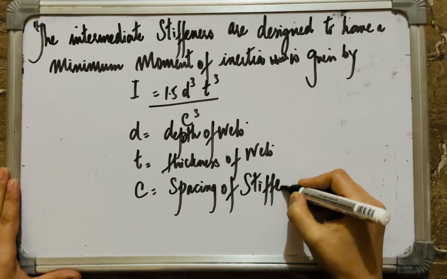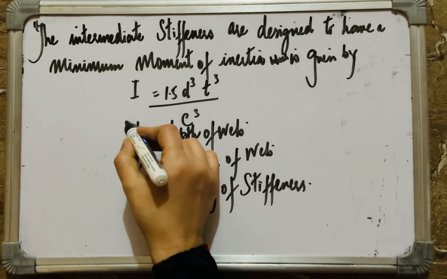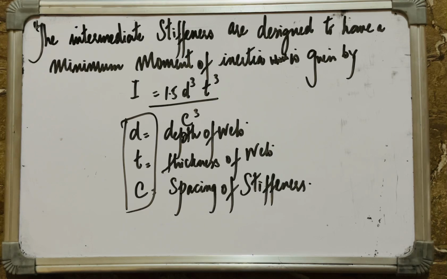All right. So these intermediate stiffeners are designed to have a minimum moment of inertia, which is given by this formula, and these are the things we have represented in the formula. So we'll substitute the values and see what is the minimum moment of inertia resisted by our intermediate stiffeners.